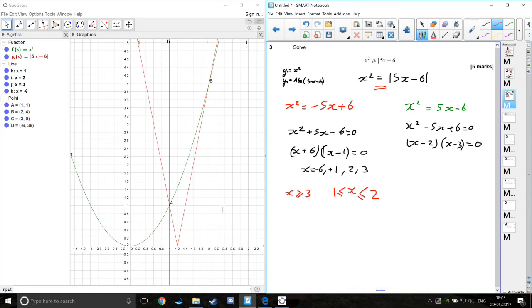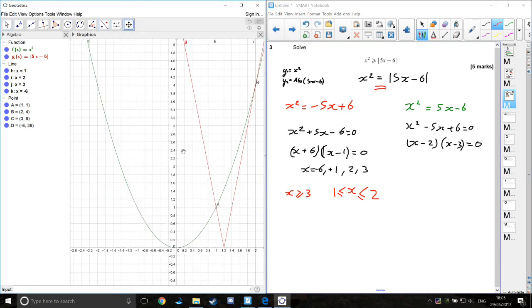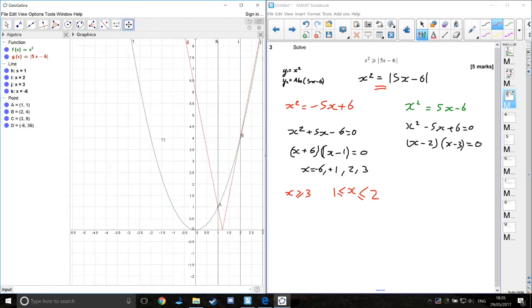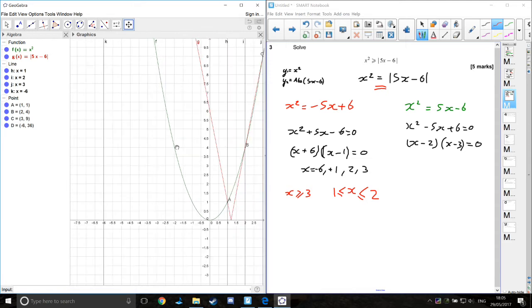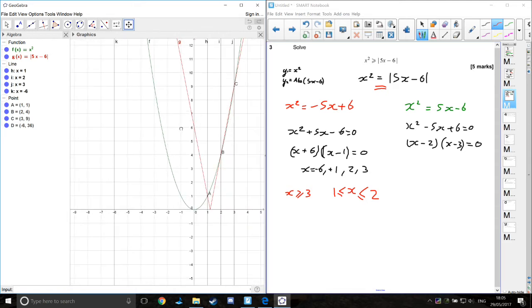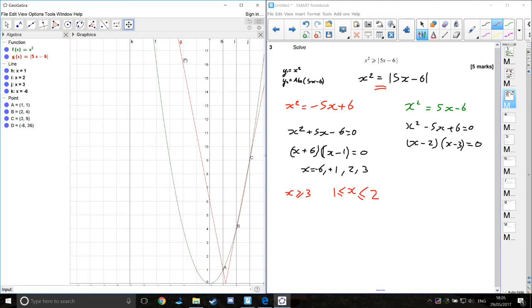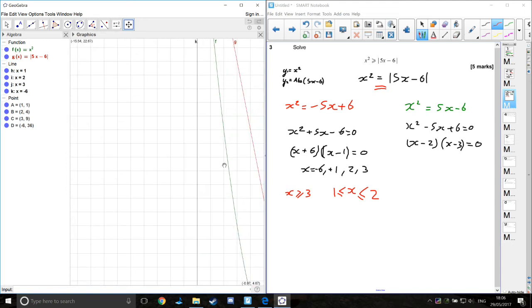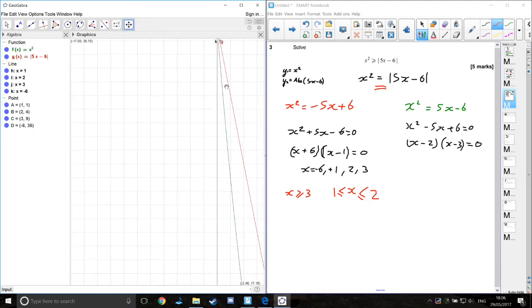So, moving on, we've now got this rather huge interval, which is between 1 and 6. And here, this red line is always over the green line. It's a bit difficult to tell, but if you draw a line going straight down, you can see red is over green. Red is over green. So this inequality isn't satisfied between there and there.